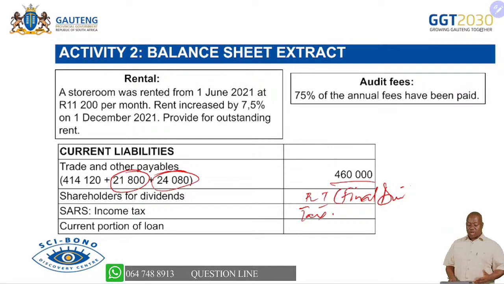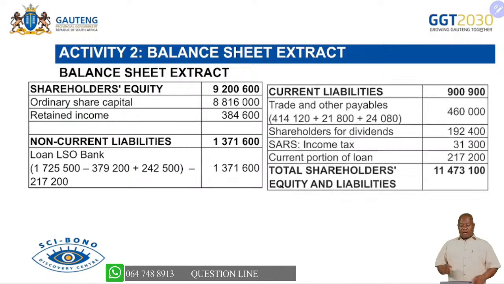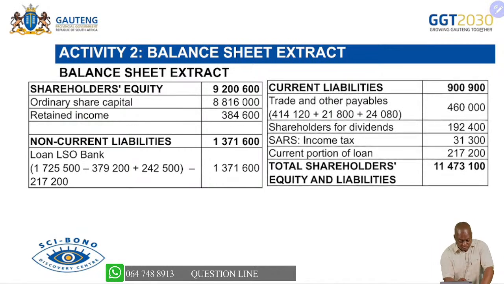The current portion of the loan is the amount that we just dealt with a few minutes ago. And that's the one that is going to go here. So in other words, these figures are already there and we are just going to bring them in. Shareholders for dividends, we took it, it's coming here.